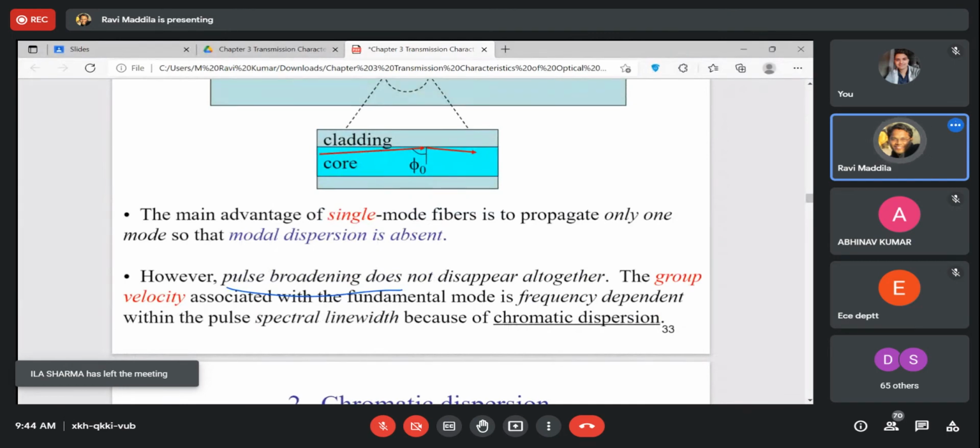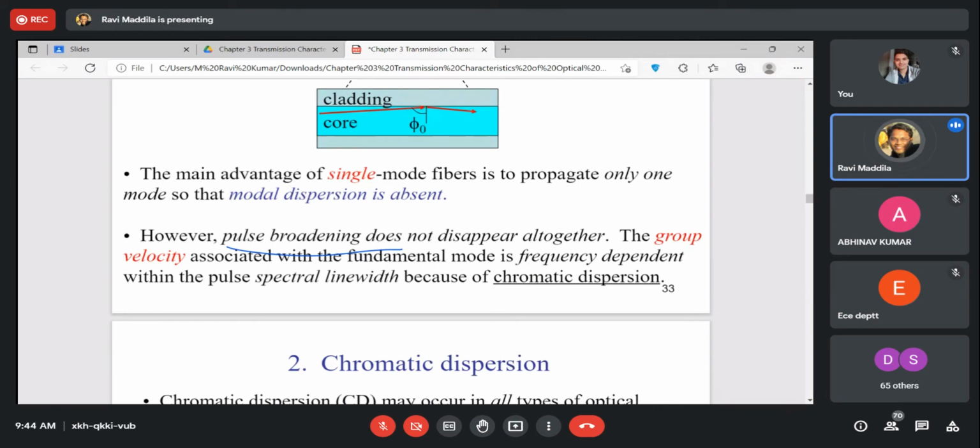We have seen what group velocity is, because the optical pulse which is transmitted does not have a single wavelength, but it has a small spread of wavelengths that gives rise to frequency dependence of the fundamental mode. And this frequency dependence causes chromatic dispersion.